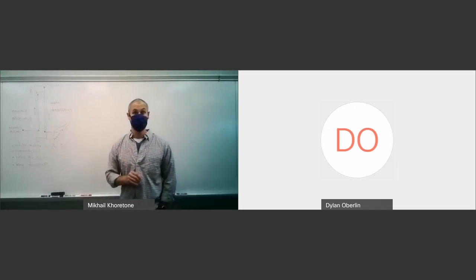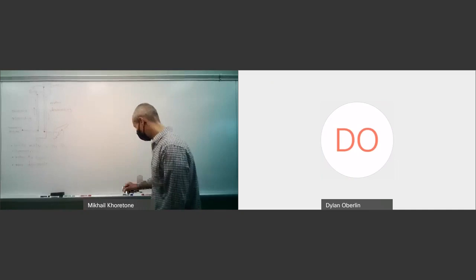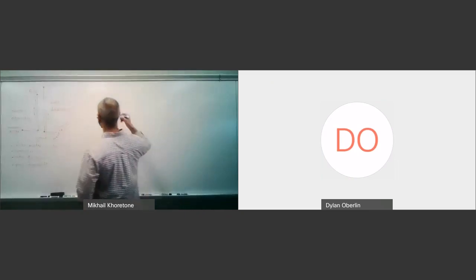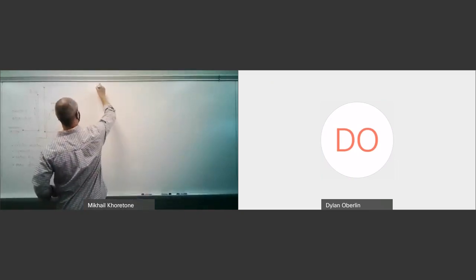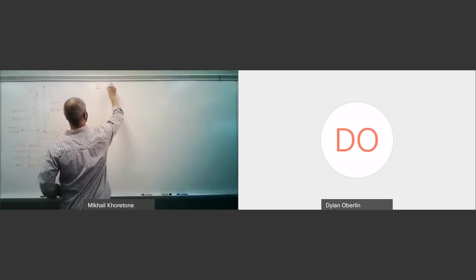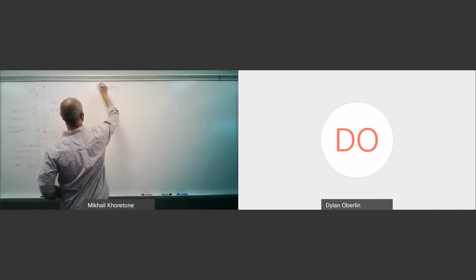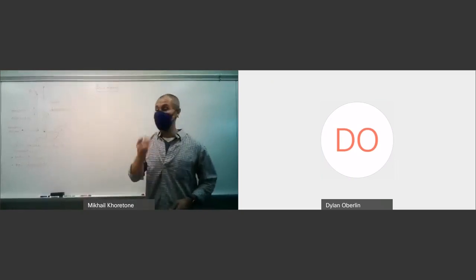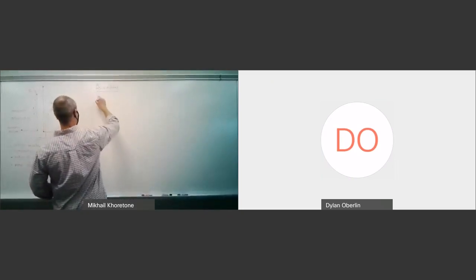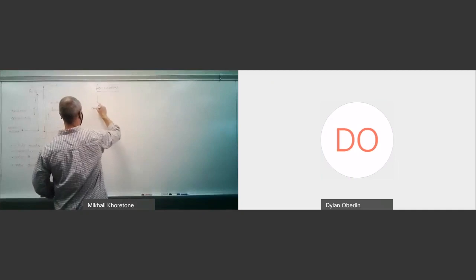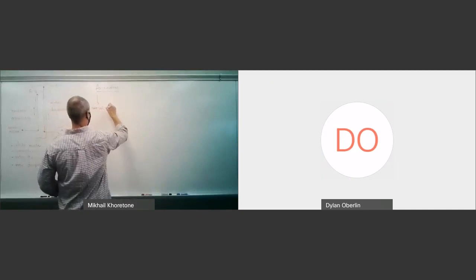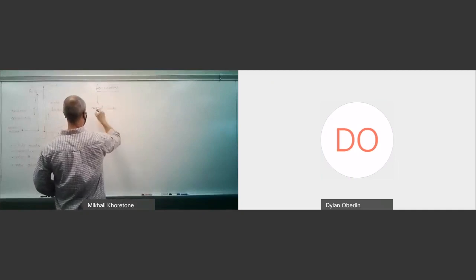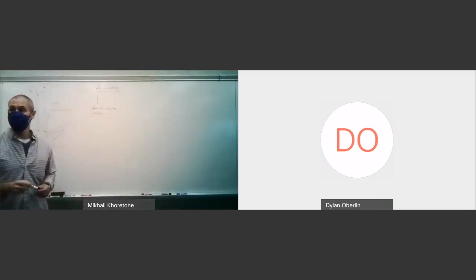Let's talk about sensory pathways. Ascending pathways. 3 that you must know are dorsal white column.